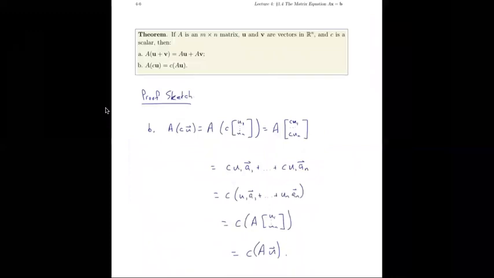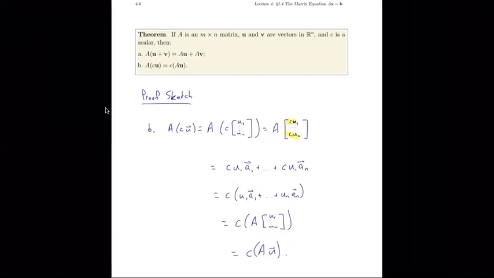Now, A times c u, u being a vector and A being an m by n matrix, and u of course is an n vector. So c times u is a scalar multiple c times the vector u. We write the vector u as u1 to un in column form, and then c times this vector is c times each component: c times u1, c times u2, all the way down to c times un, and that's still an n vector.